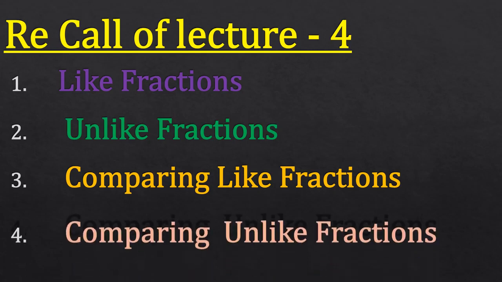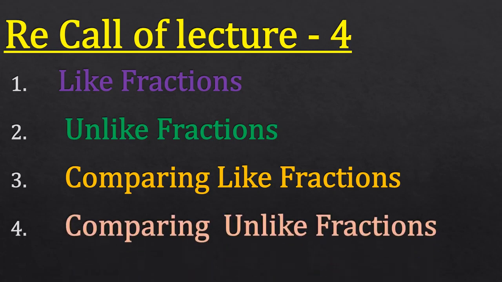Next topic that we have learned is comparing unlike fractions. When we have to compare unlike fractions, first of all we will convert unlike fractions into like fractions. By taking the LCM of denominators, we convert them into like fractions, and then after that we will compare them.